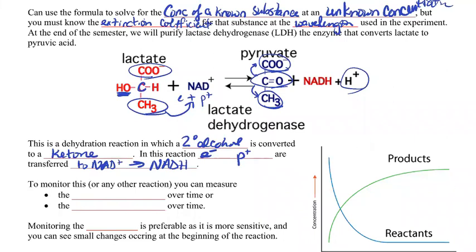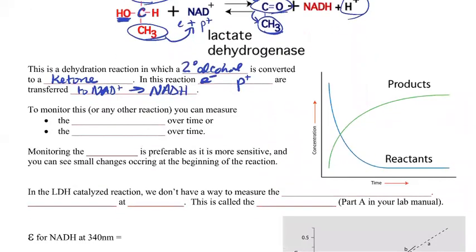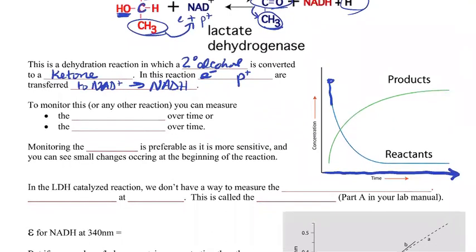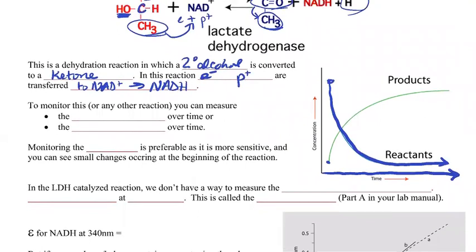And so whenever you look at a reaction, what you can do is plot versus time. So time's going this way, and you can see what happens. Here's a reactant. What should happen to reactants as time progresses? Those reactants should drop, because they're being converted into products. So products should increase over time.